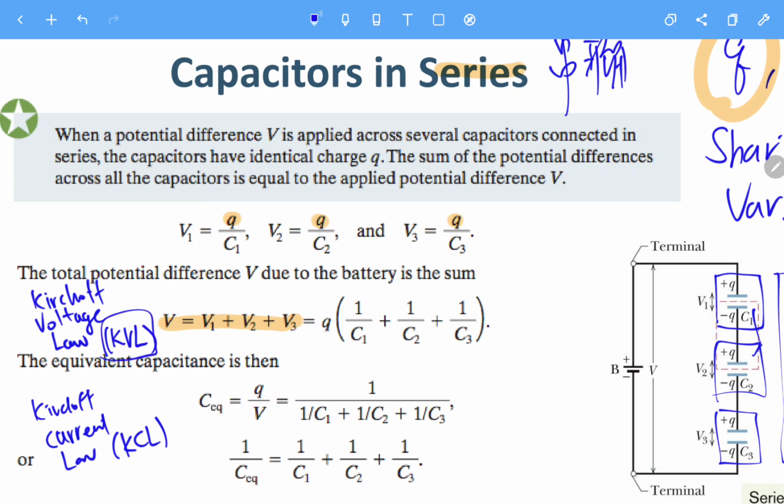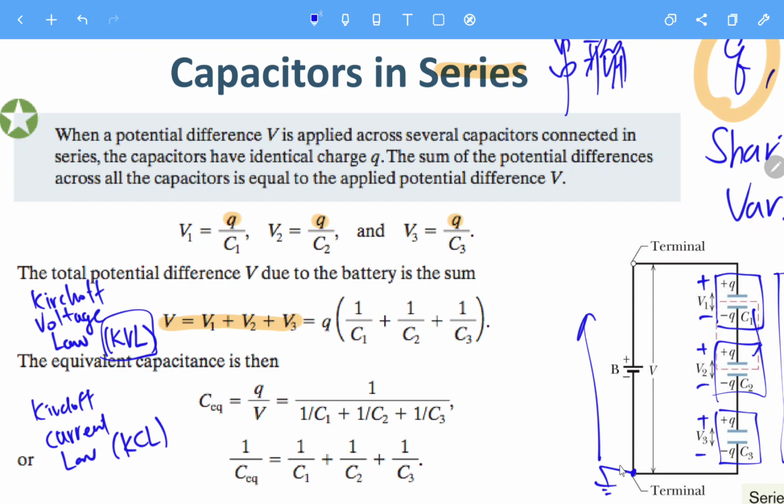KVL means if you start from a point in a circuit and go up here, we go from 0 volt to V, and then go back around. So it goes down by V1, down by V2, down by V3. If you go around a complete loop, the voltage change should be 0.